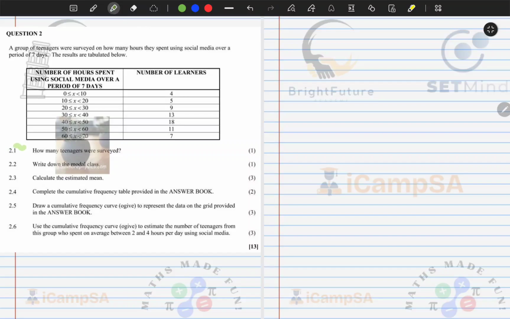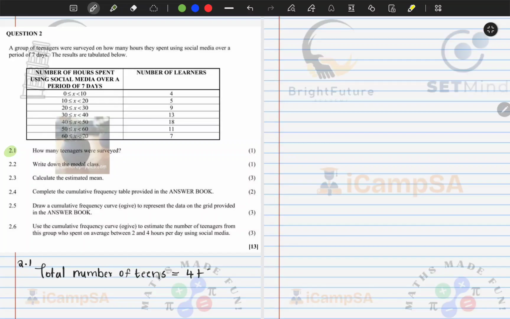So the first question, 2.1, reads, how many teenagers were surveyed? This should be a very simple question, guys, because all we need to do is sum the number of learners here. So we can find the total number of teenagers by simply adding the numbers.